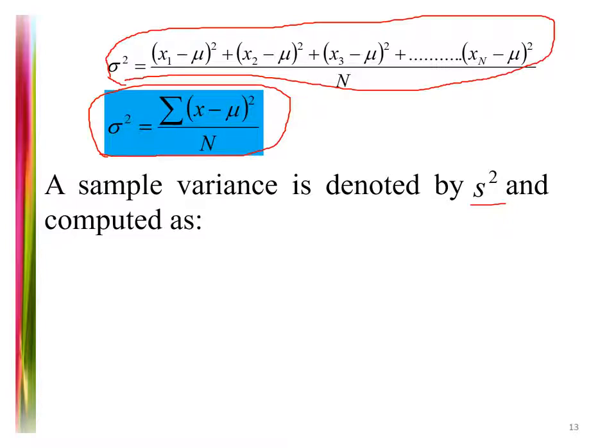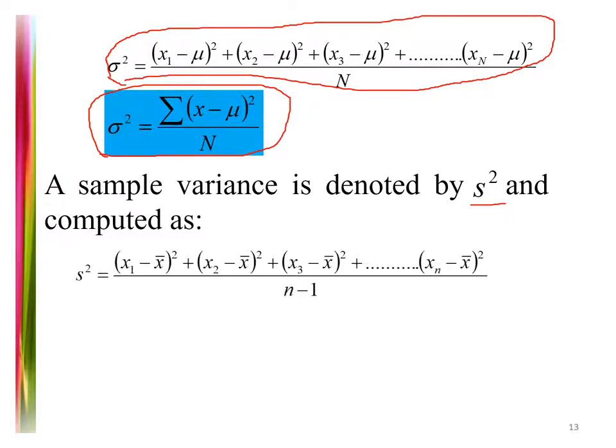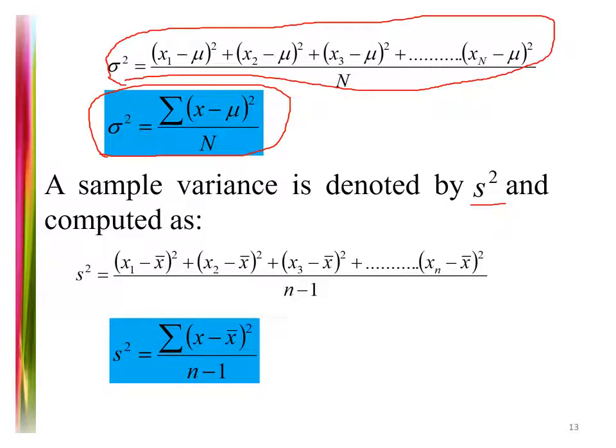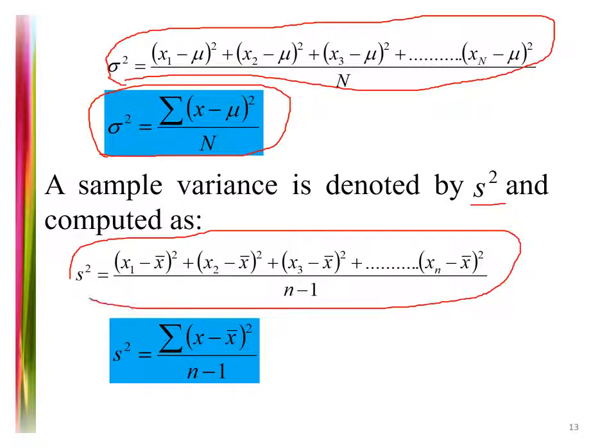And for sample variance, the formula is slightly different. The numerator looks like the population case: first observation minus sample average squared, plus second observation minus sample average squared, plus up to the last one. Here we consider a sample of n observations, and divide by n minus 1.